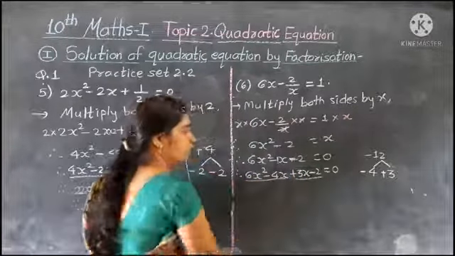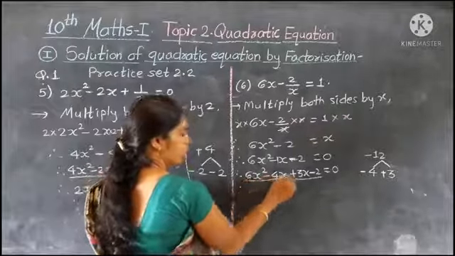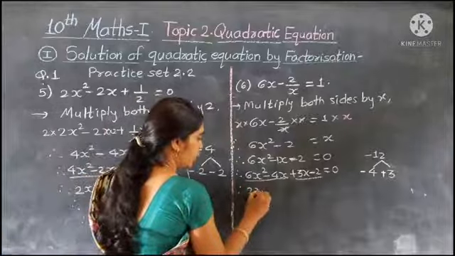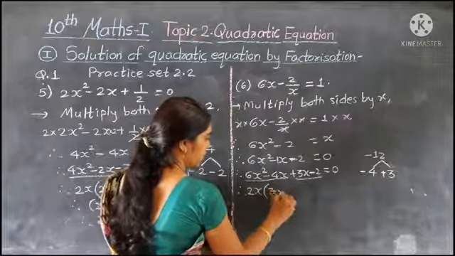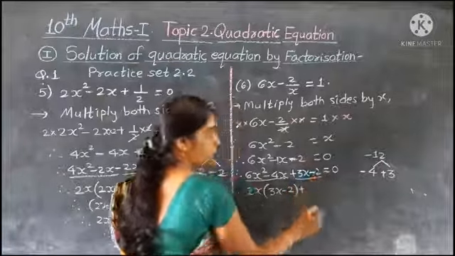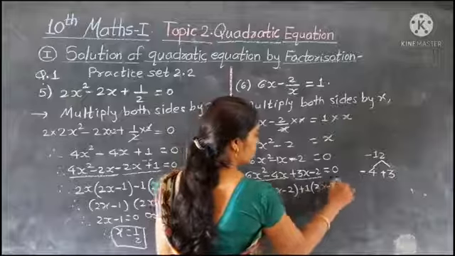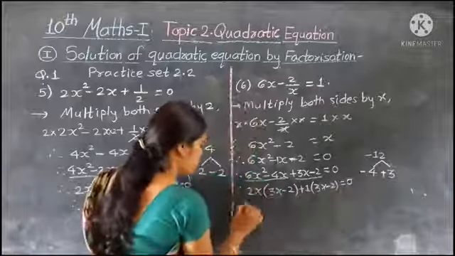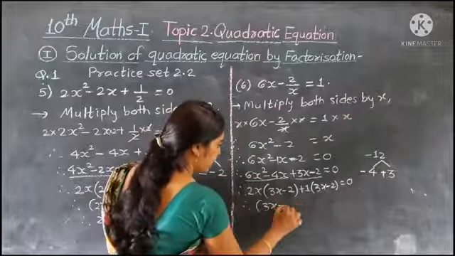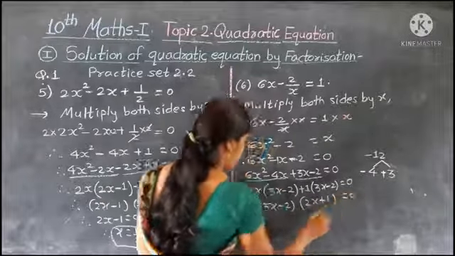Now take grouping. We take common from 6x square and 4x. What is common? 2x. 2 3s are 6 minus 2 2s are 4. And here no number is common, that is 1 is common. 3x minus 2 is equal to 0. So we get 3x minus 2 and 2x plus 1 is equal to 0.